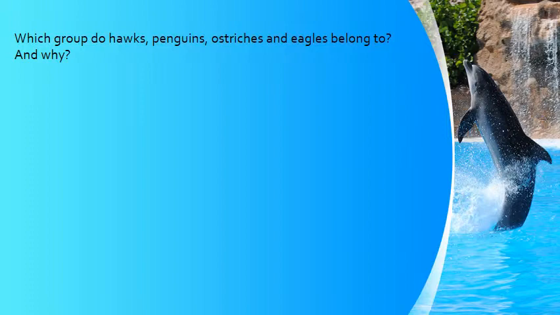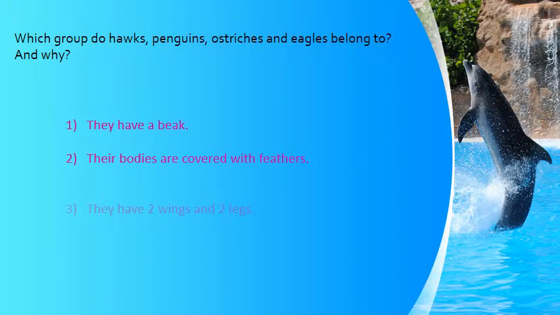Which group do hawks, penguins, ostriches, and eagles belong to? Sure, to the birds group. Why? They have a beak, their bodies are covered with feathers, they have 2 wings and 2 legs, and they lay eggs.